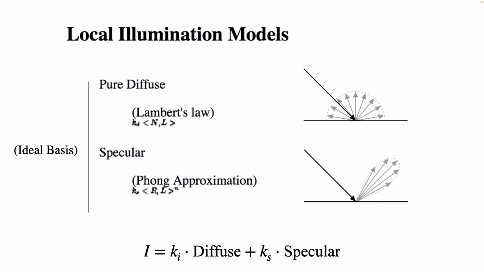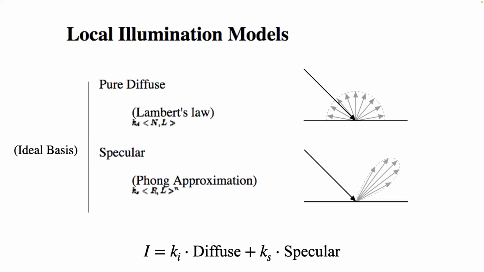Then you have specular materials, where the material is a reflector, but it's not a perfect mirror. So it reflects light mainly in the reflected direction, but it has a taper like this. And there are many approximations for this specular basis.